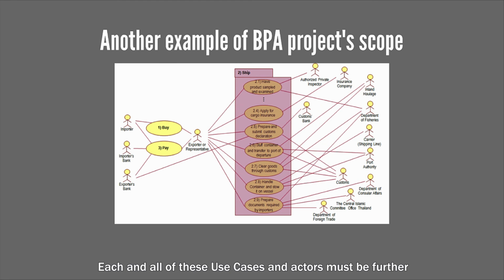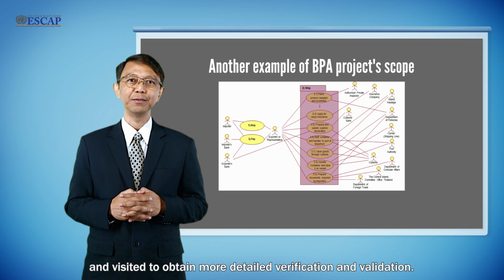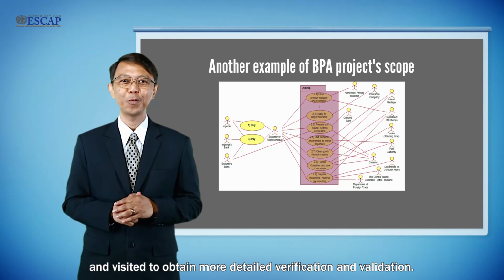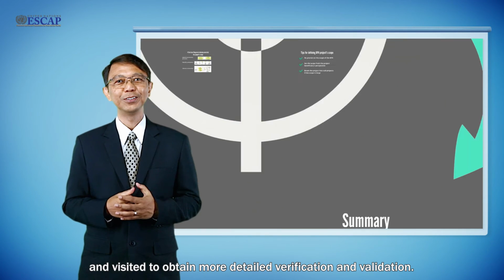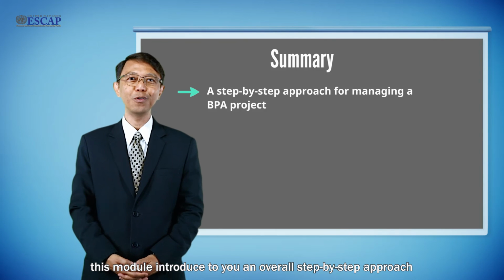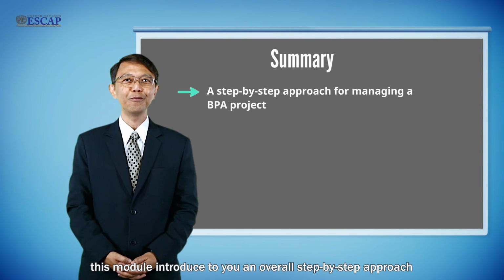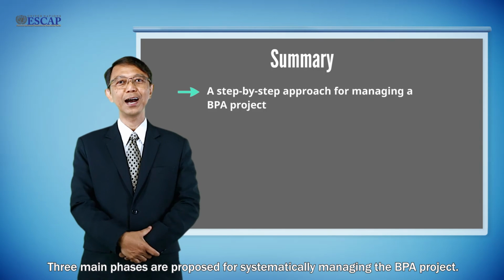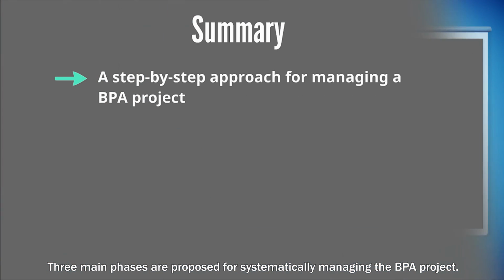Each and all of these use cases and actors must be further explored, captured, interviewed, and visited to obtain more detailed verification and validation. So in summary, this module introduced to you an overall step-by-step approach for managing a BPA project. And three main phases are proposed for systematically managing the BPA project.